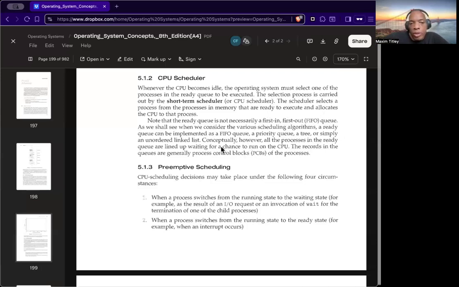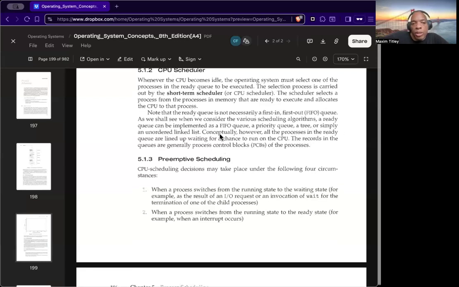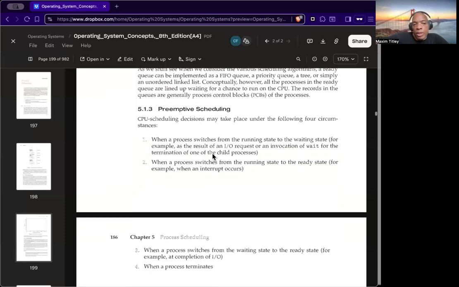And conceptually, all the processes in the ready queue are lined up waiting for a chance to run on the CPU. The records in the queues are generally process control blocks of the processes. Remember the process control blocks from the previous chapters? Right. We're going to talk about things in that particular context yet again.